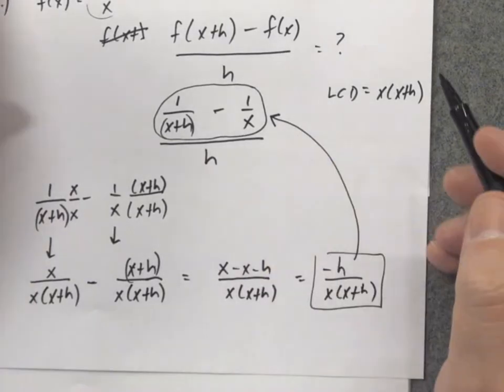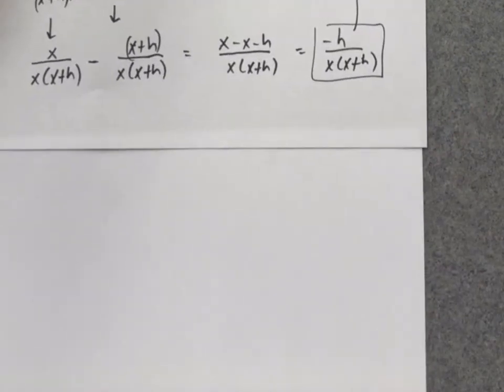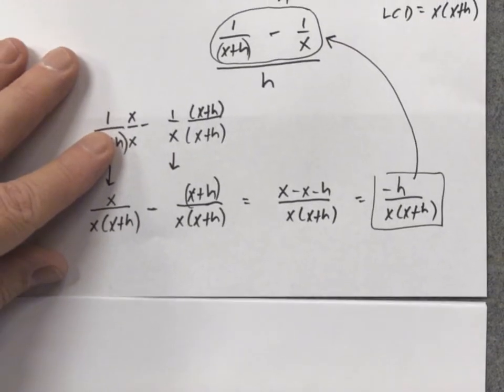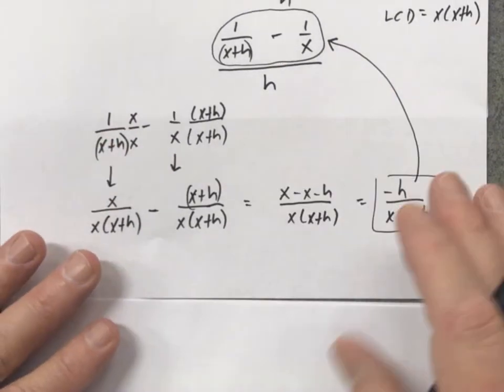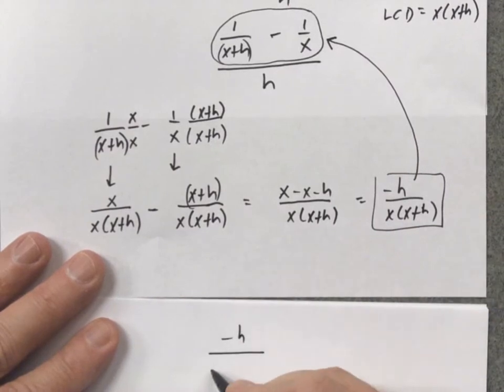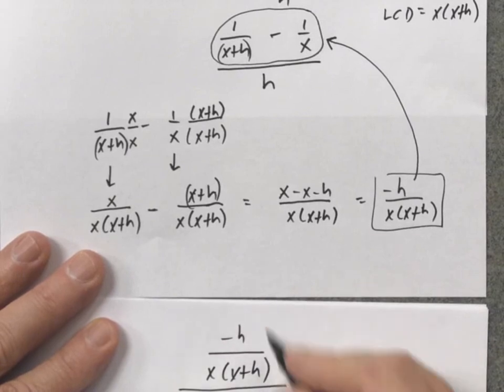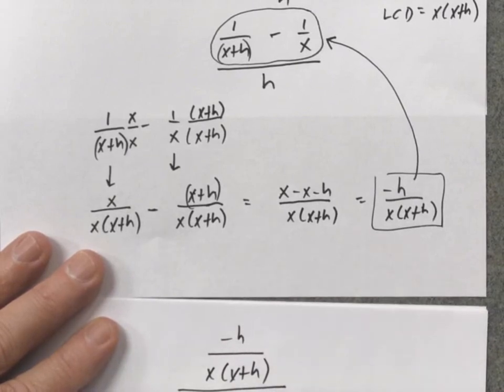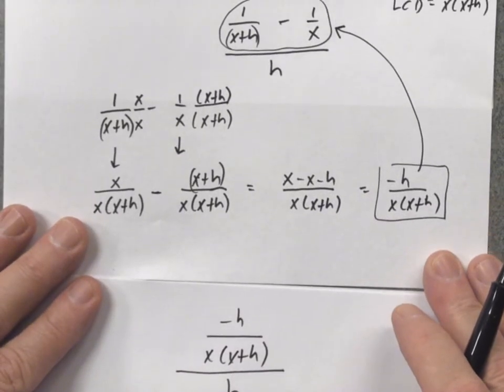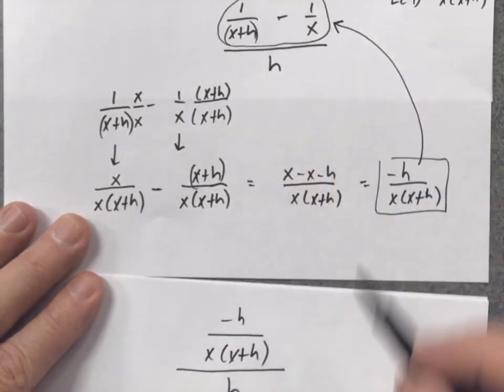So now I'm going to plug this in for here. You can see that. So this new fraction becomes negative h over x times x plus h, all over h. So this goes in here.